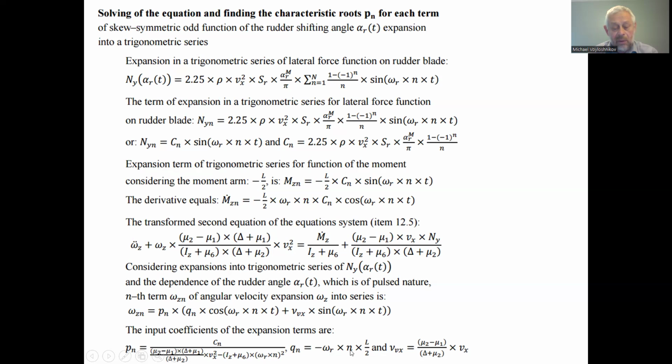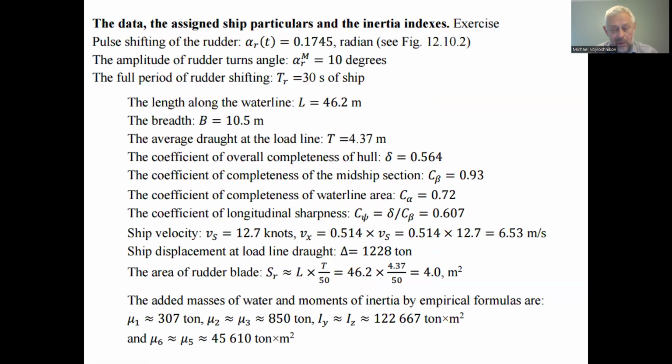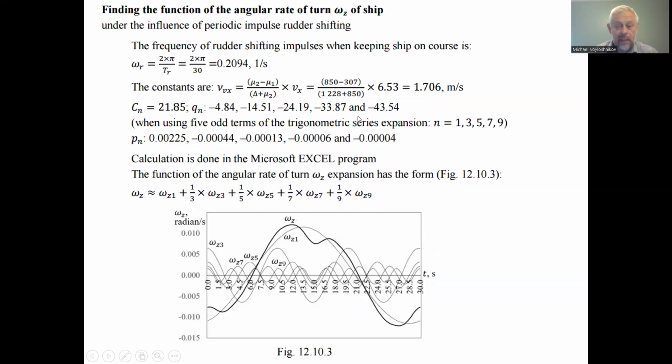This is dependent on the number of the term of the expansion, the trigonometric series of the factors. So it's Qn we have here for n equal to 1, 3, 5, 7, and 9.